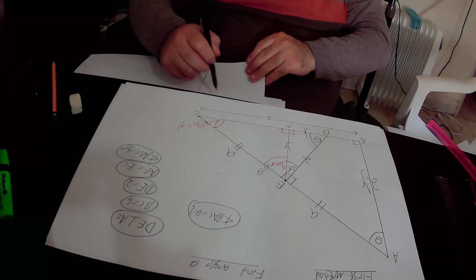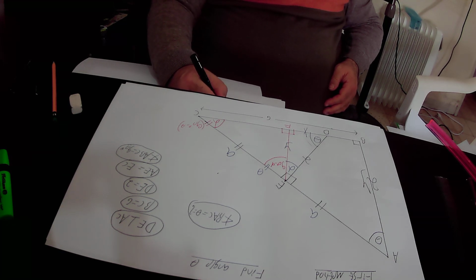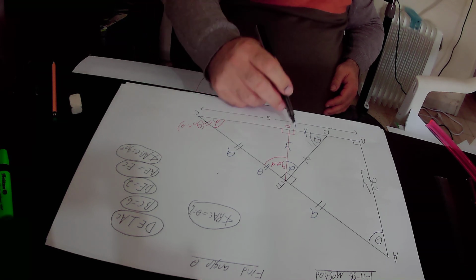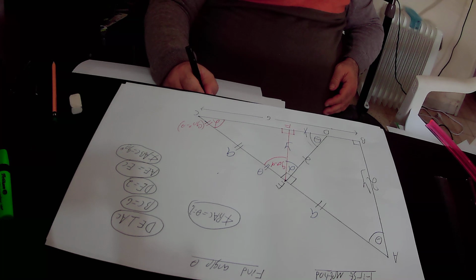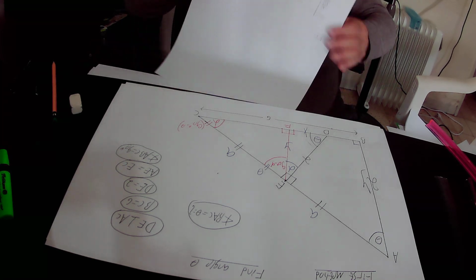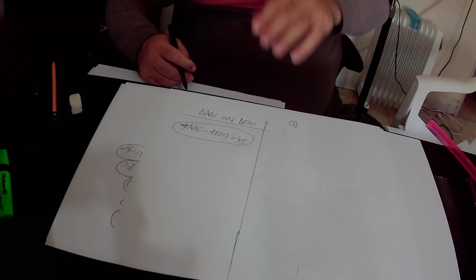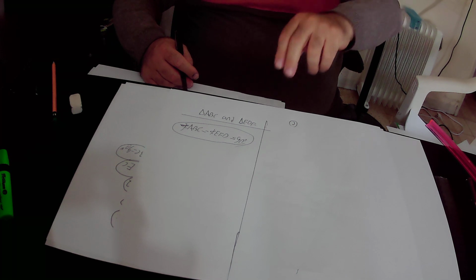So angle ABC is equal to this angle, angle EFD, and both angles are equal to 90 degrees. I'll repeat again: angle ABC equals angle EFD, they are both equal to 90 degrees.